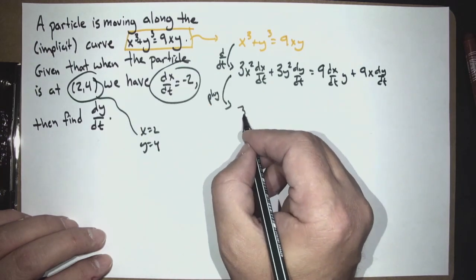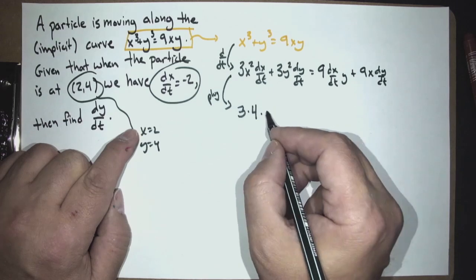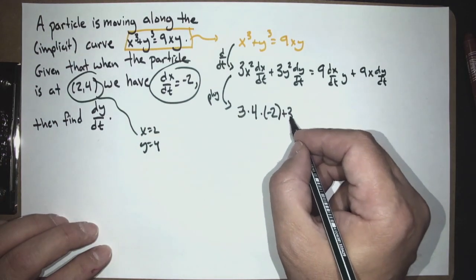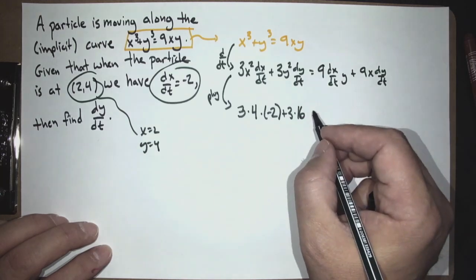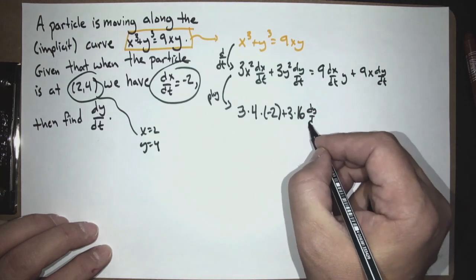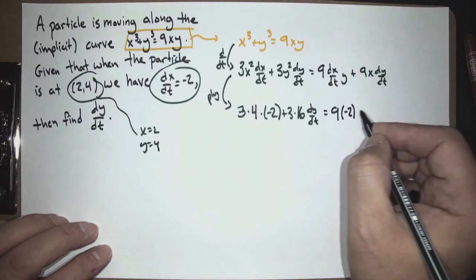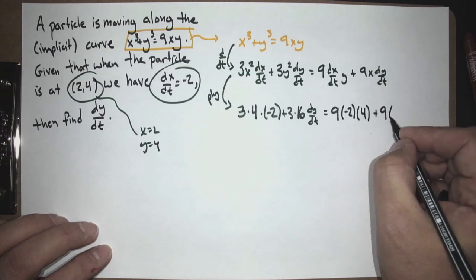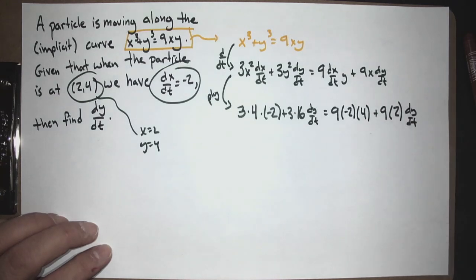So we have 3 times 2 squared, that's 4, times negative 2, that's dx/dt, plus 3 times 4 squared, 16, dy/dt, which we don't know, equals 9. dx/dt is negative 2. y is 4. 9. x is 2. And dy/dt we don't know.